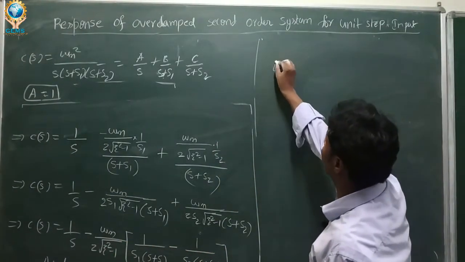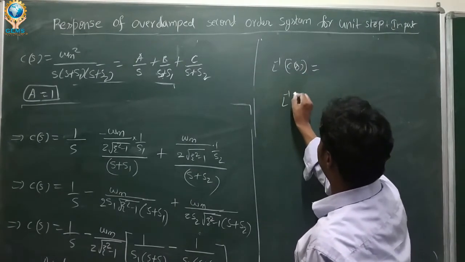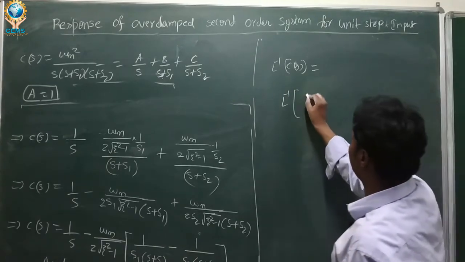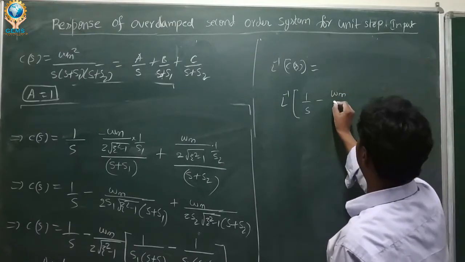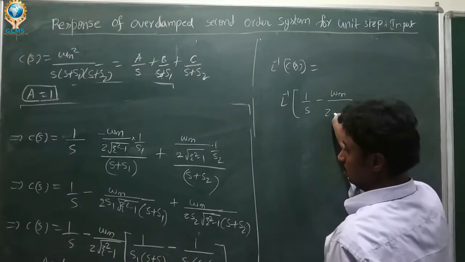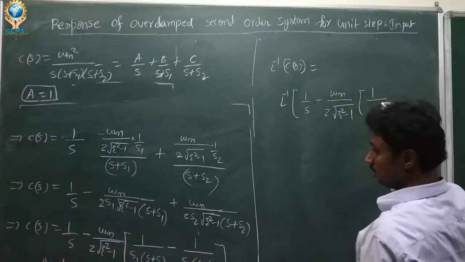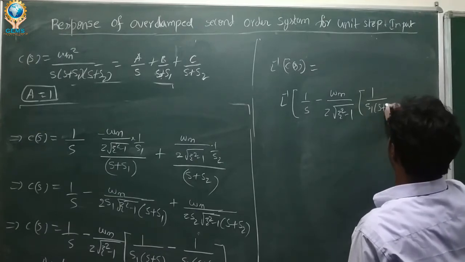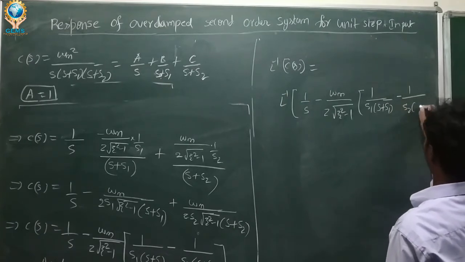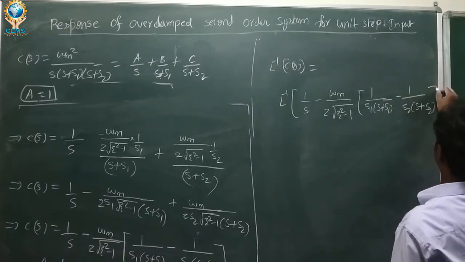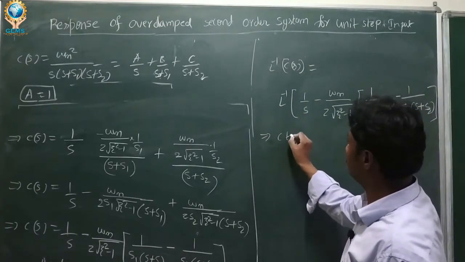So when you apply L inverse, C of S is equal to L inverse of 1 by S minus omega n by 2 root zeta square minus 1, into 1 by s1 into s plus s1, minus 1 by s2 into s plus s2. So L inverse of C of S is equal to C of t.